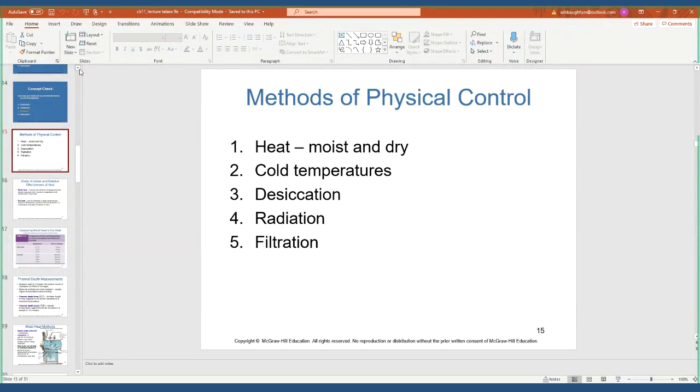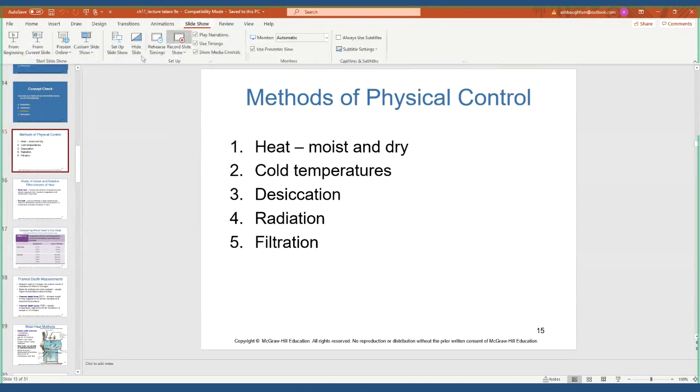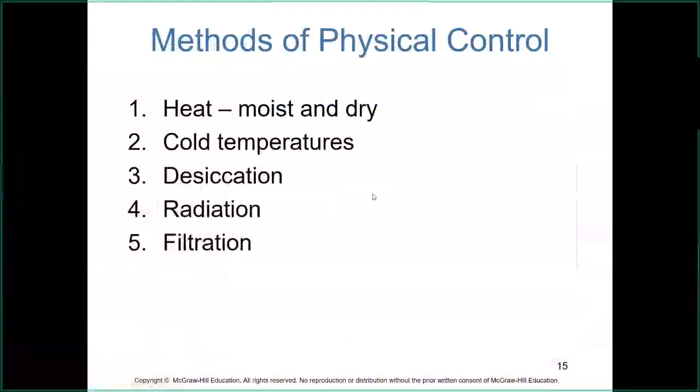And here they are. I've already said a little bit about some of these, so it may seem in some cases a little redundant, but it bears repeating. So we're going to go ahead and start right here. Heat can be used, and it's classified as moist when we apply it together with water vapor usually, or it can be boiling liquid water or hot water.